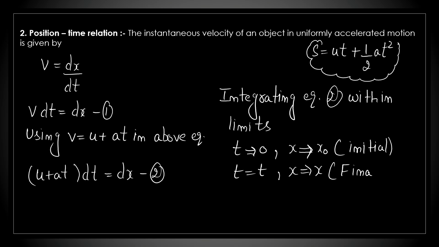Then integrating u plus at dt, limits 0 to t, equal to integration dx, limits x naught to x.